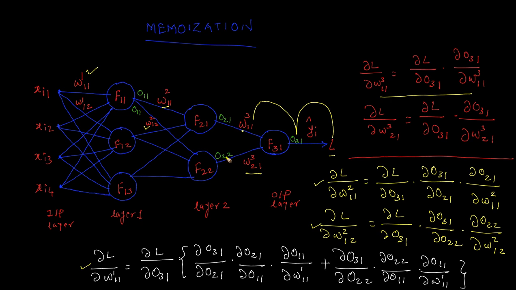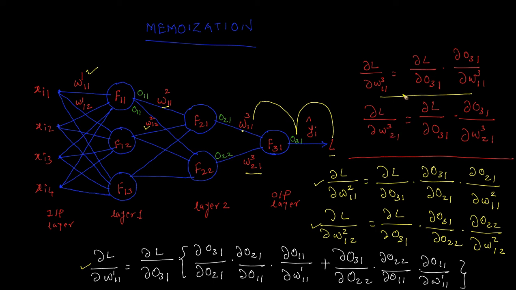Now this is a relatively small neural network. In practice, you have very deep or very large neural networks where you have a lot of weights, and at that time you will need to compute many derivatives, and computing a derivative is not a trivial task. But can I reduce this computation? Can I make it more efficient?